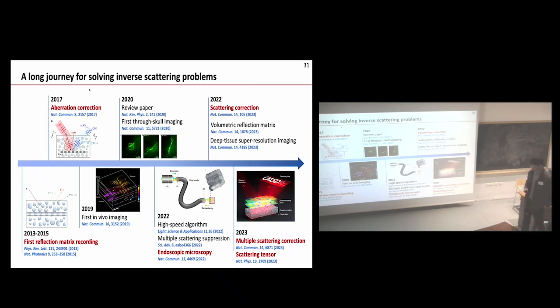Is there any scattering in the cortex, the brain, behind the skull, sorry? Right, behind the skull there is some scattering. Are you compensating for this scattering, or is it negligible compared to the skull? Scattering from the tissue, yeah. I think it exists.